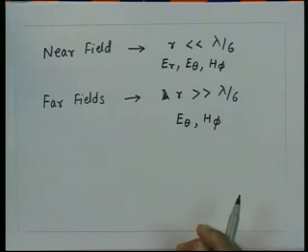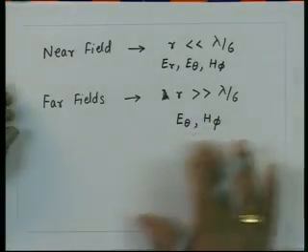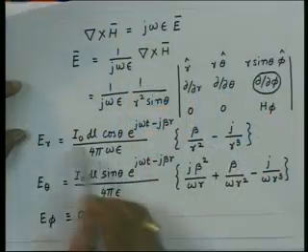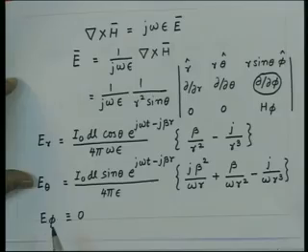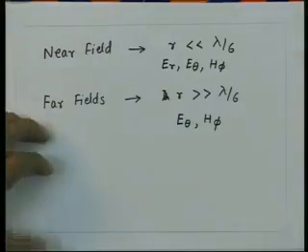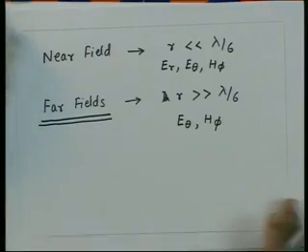Since we are interested here only in the radiation field, we can take only those terms which have 1 over r variation. So, I can take this quantity as 0 now. This is the term which gives me the radiation field. So, I can write down only for the far field, that is what our interest is.